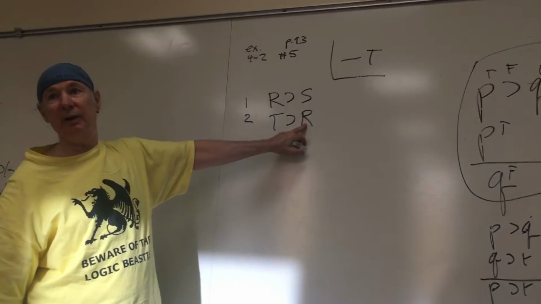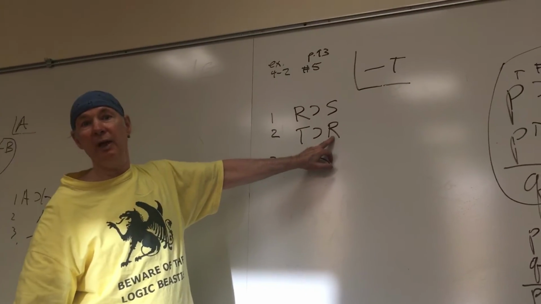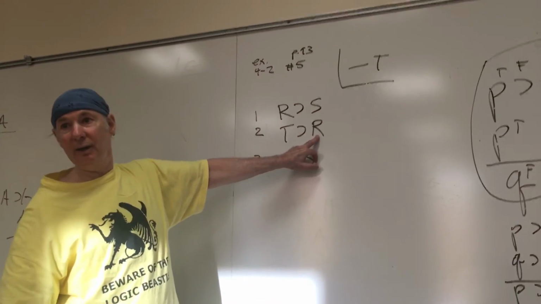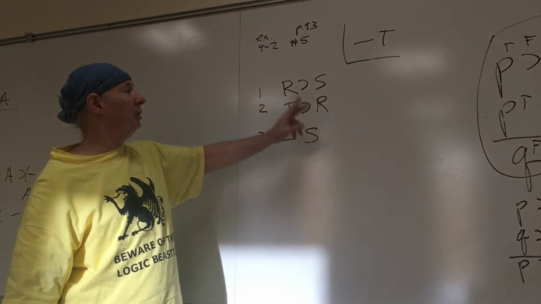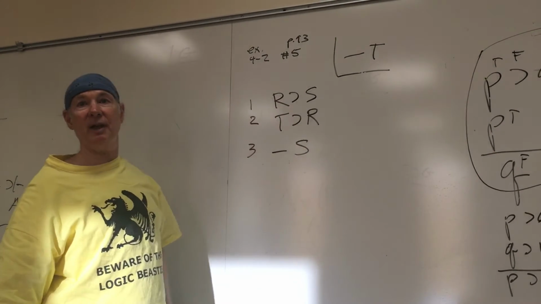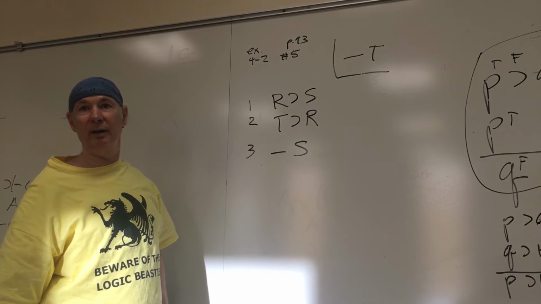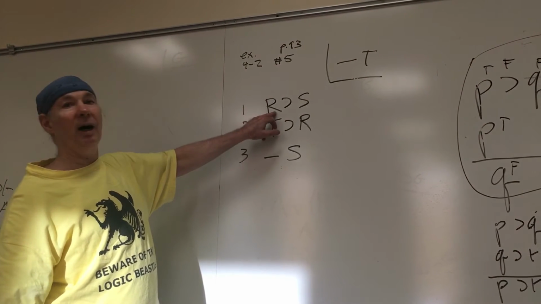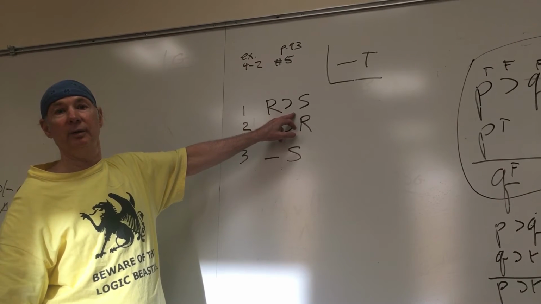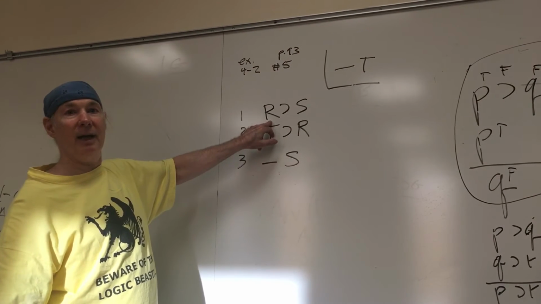That is not squiggle R, and it will never become squiggle R because it's on the right-hand side of a horseshoe. Do you see R on the left-hand side of a horseshoe anywhere? Yes. What line? R is in a horseshoe on the left.